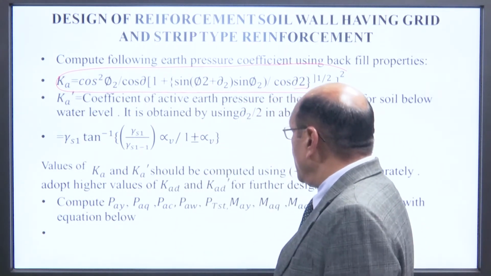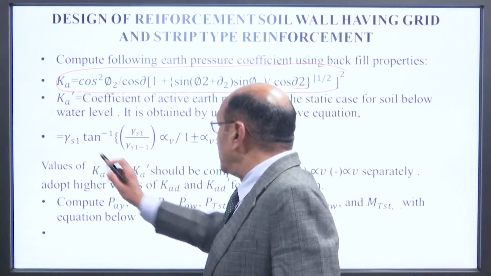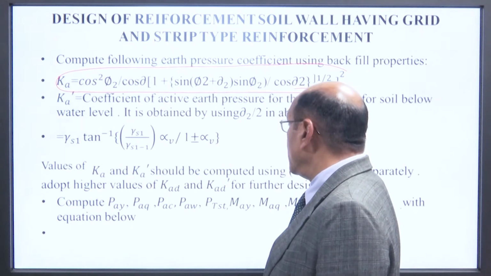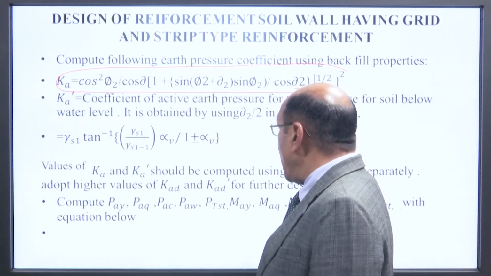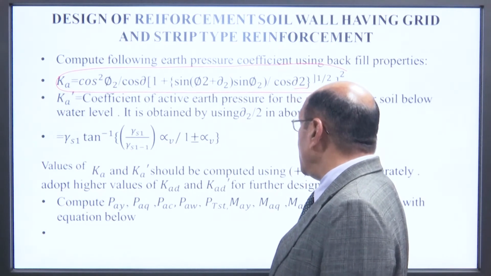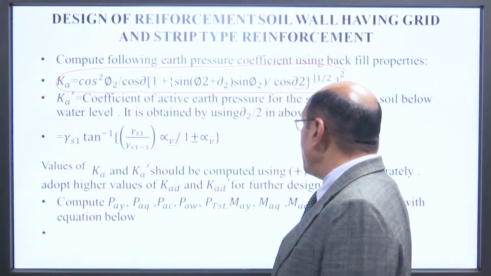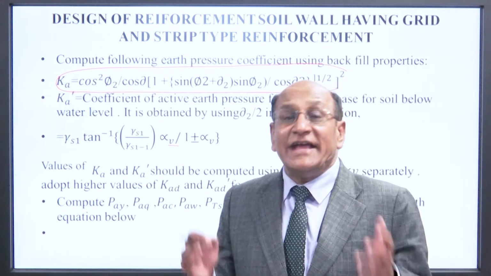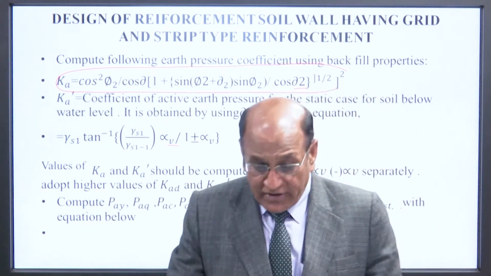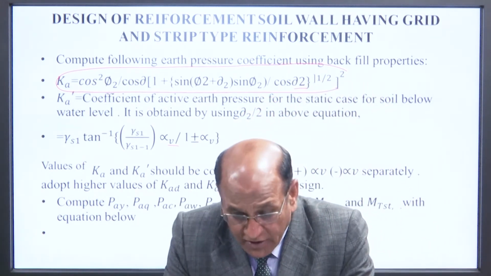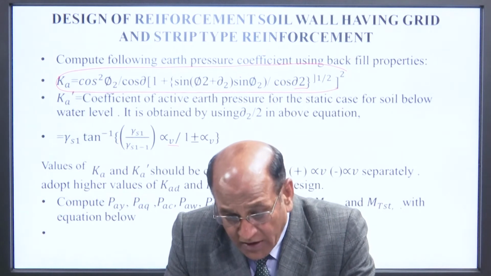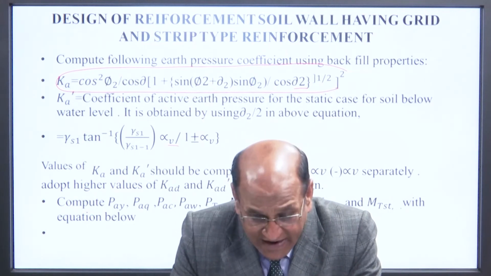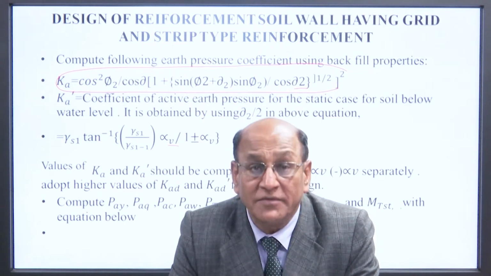We can calculate this one using gamma S1 and gamma S1 minus 1, alpha V divided by 1 plus or minus alpha V. So the values of Ka and Ka dash should be computed by using plus alpha V or minus alpha V separately. Adopt the higher value of KAD and KAD dash for the further design.